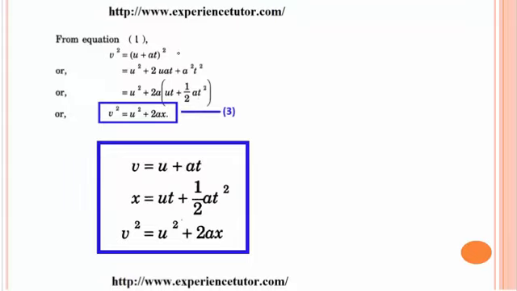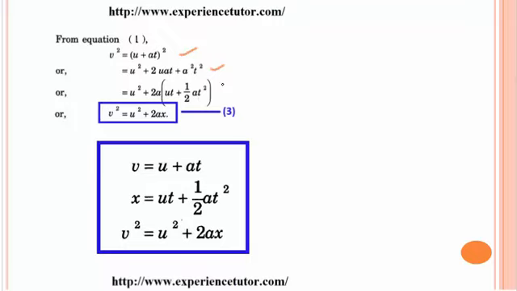From equation 1, if we square both the sides, we'll get v square is equal to (u plus at) whole square. Upon solving the right hand side, we will get u square plus 2uat plus a square t square.